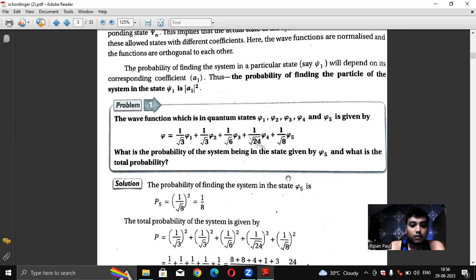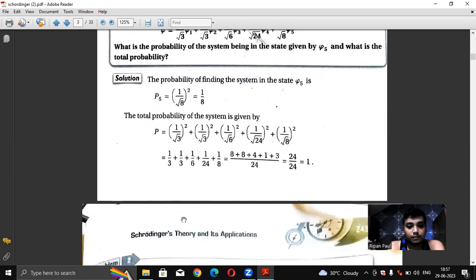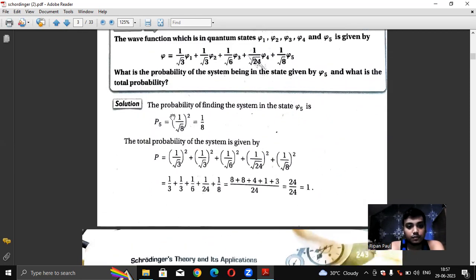Now you find the wave functions. One numerical is given there to find the probability. See how the probability is found. Here is the question: the wave function is in the quantum states phi 1, phi 2, phi 3, phi 4, and phi 5, with coefficients such as one by root three.